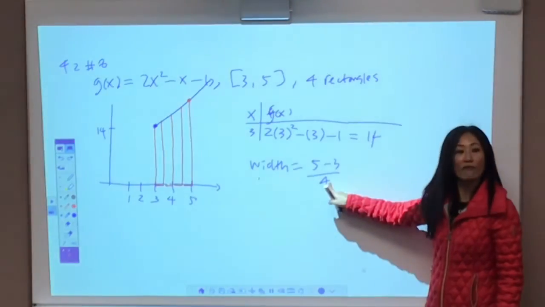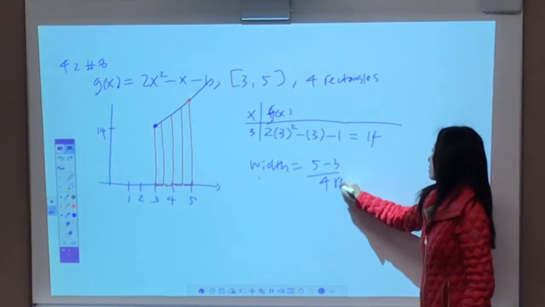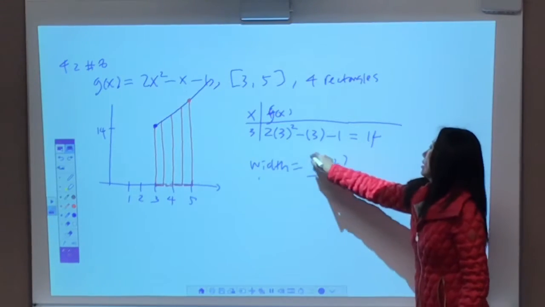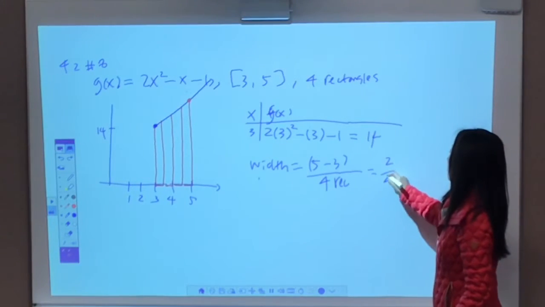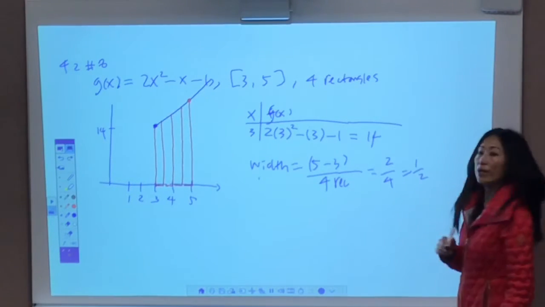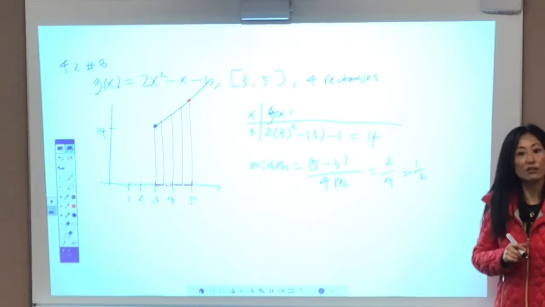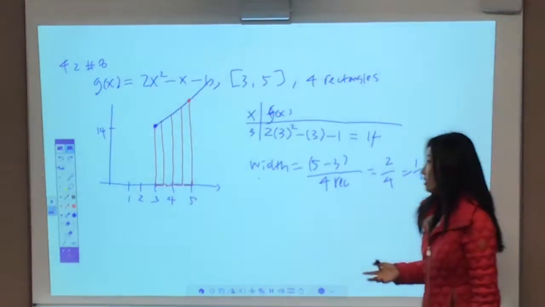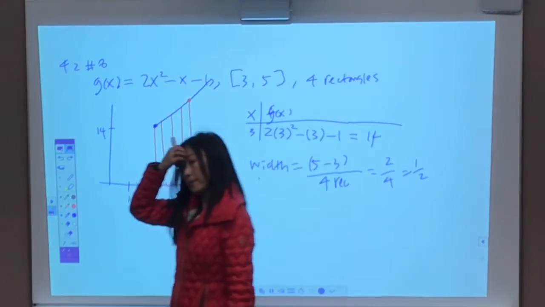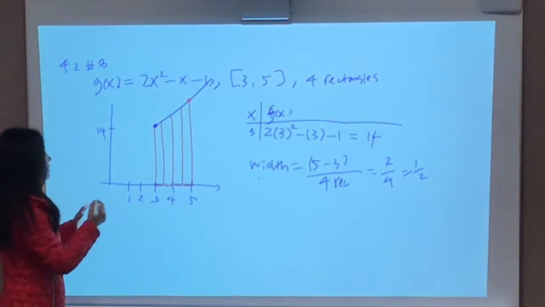They told me to do 4 rectangles. And this is my total width, right? So that gives me 2 divided by 4, which gives you what? 1/2. So half is your width, or 0.5, whichever.